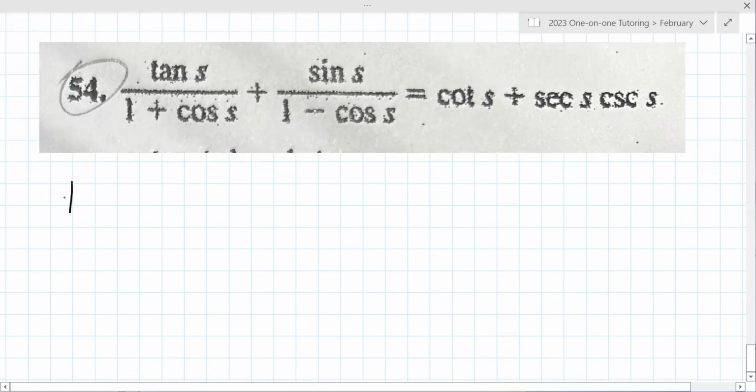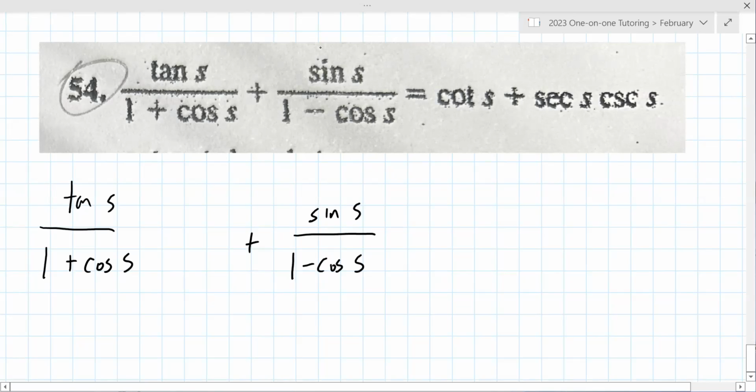Now, I'm going to do the same thing here, and we're going to multiply the top and bottom. So it's going to be 1 minus cosine s, 1 minus cosine s.